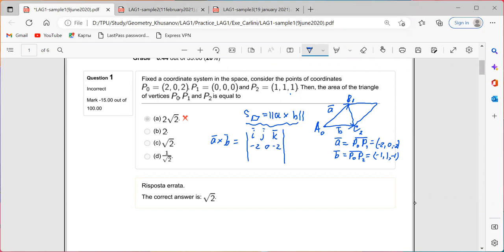Then the third row will be the coordinates of vector B: minus 1, 1, and minus 1.